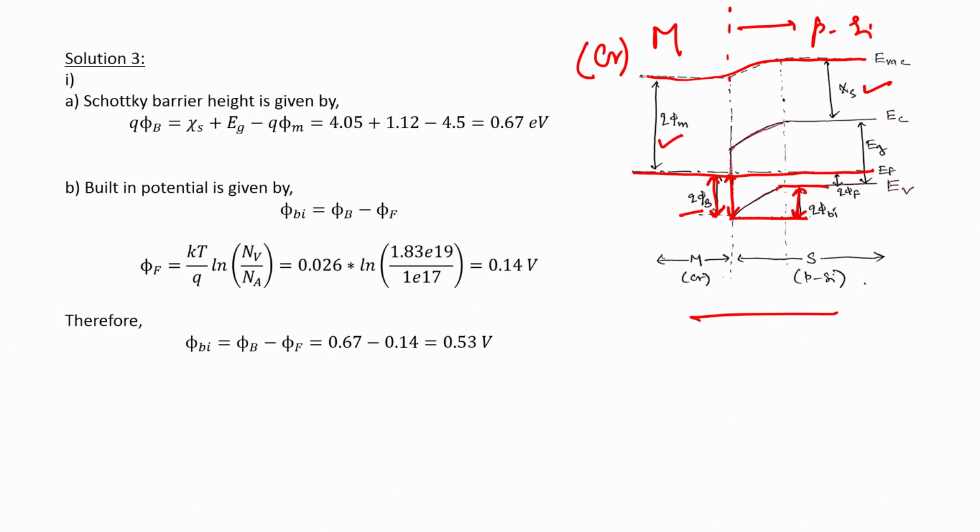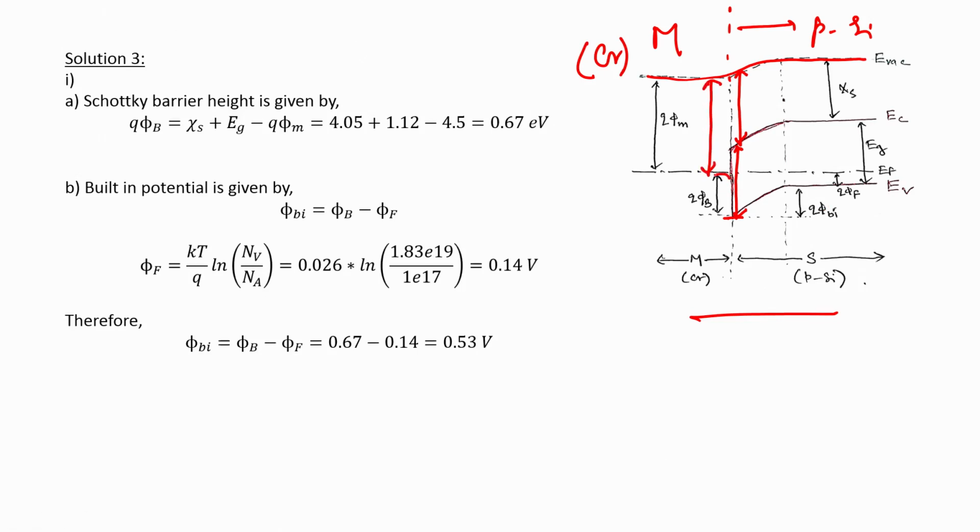Now how will you find the Schottky barrier height? If you look into this diagram, this Schottky barrier height will be given by this entire height, that is the electron affinity, plus the band gap, this total height, minus the metal work function, this height.